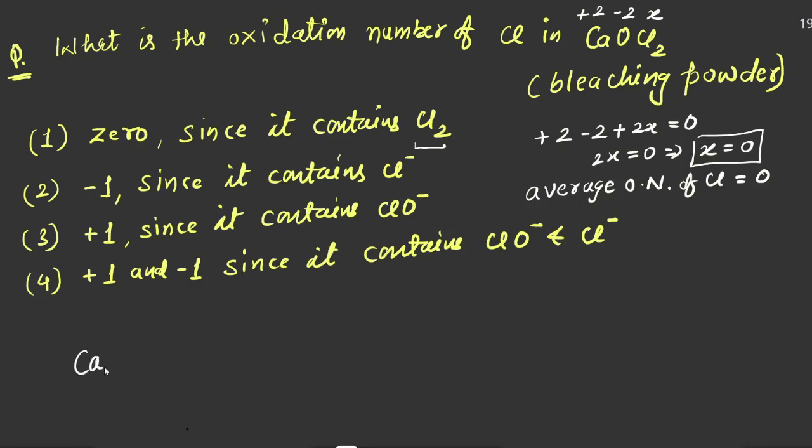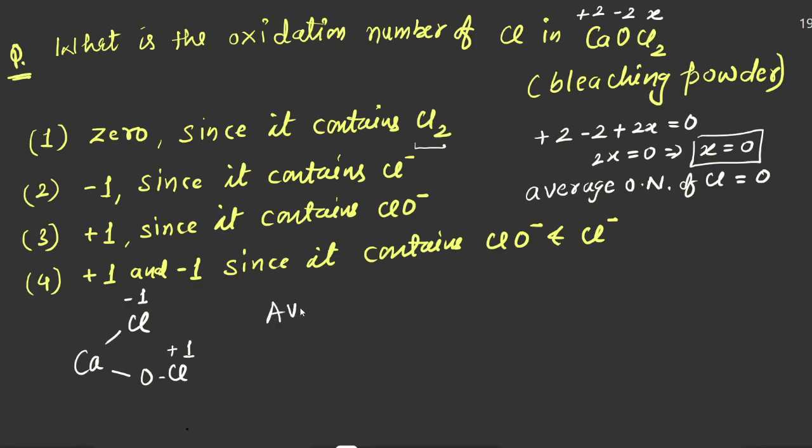Actually, CaOCl2 structure is like this. So in this case, calcium is a metal. So chlorine attached to calcium gets -1, and chlorine which is attached to oxygen will get +1.